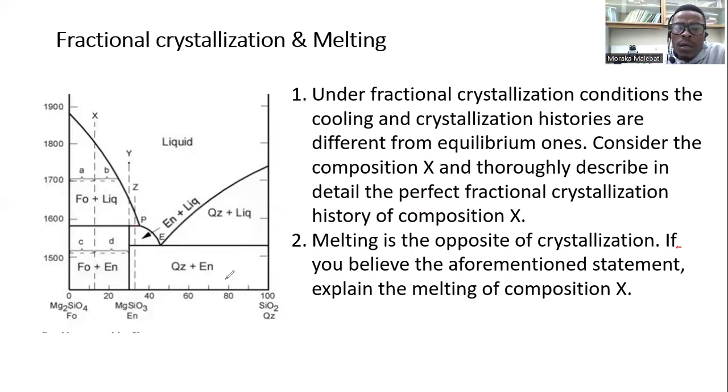All right, no, remember we are here. We are not here. We ended our crystallization history here. So we are no longer here because we are no longer discussing melting under perfect equilibrium. So now what?